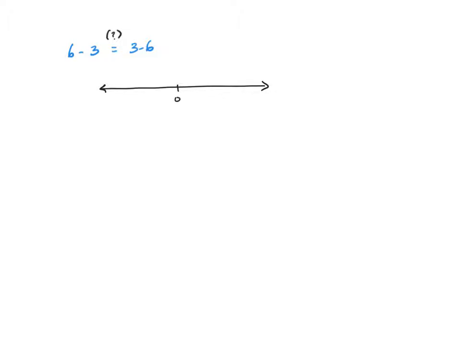Let's put this as 0. There will be 1, 2, 3, 4, 5, and 6. So if I start at 6 right here and I go backwards, if I subtract 3, 1, 2, 3, I end up at 3. So 6 minus 3 equals 3.